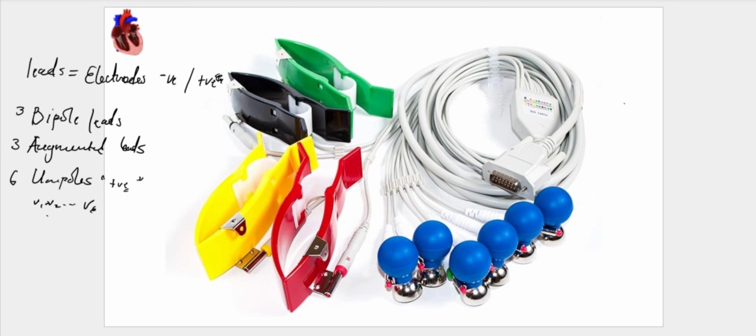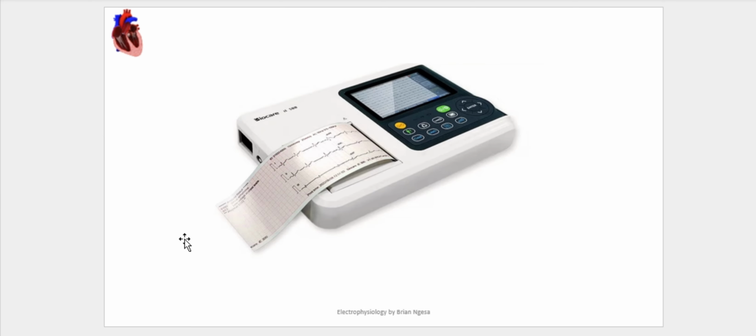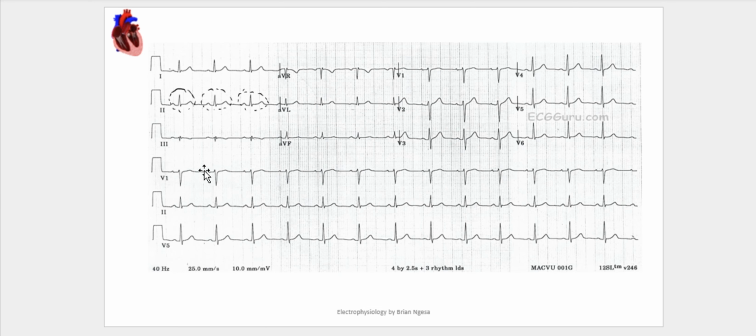So this is what you'll anticipate. For example, once the electrodes of the leads have picked that electrical information, you expect it to be relayed on this monitor.